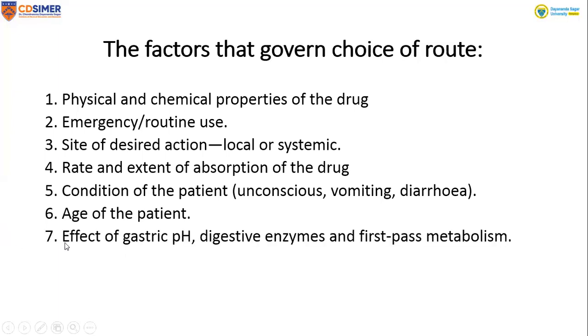Then the effect of gastric pH, as I already mentioned, digestive juices, or first pass metabolism. Gastric pH is very low, an acidic environment, and alkaline drugs are not properly absorbed there.